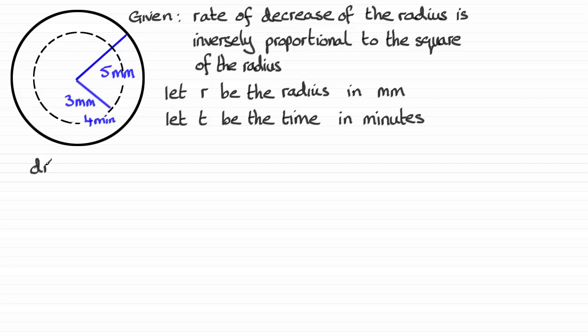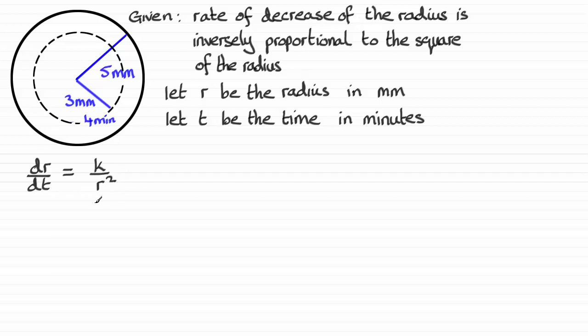We've got dr by dt, that's the rate of change of the radius with respect to time. And it's going to be inversely proportional then to the square of the radius. So that means that we can call in a constant, which I'm going to call k, and being inversely proportional to the square of the radius, that's going to be divided by r squared.